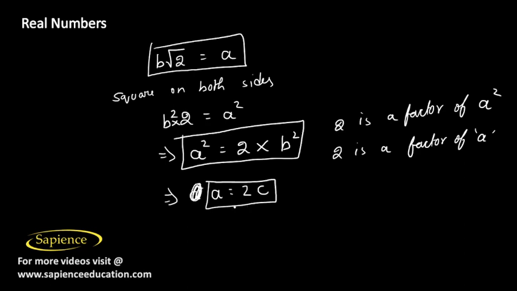Now what we are going to do is substitute this in this. We are taking this as equation 1 and this as equation 2. Substituting the value of a in equation 1, we will get 2c the whole square is equal to 2 into b square.